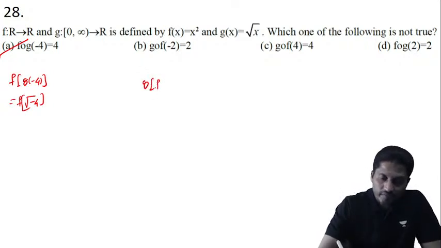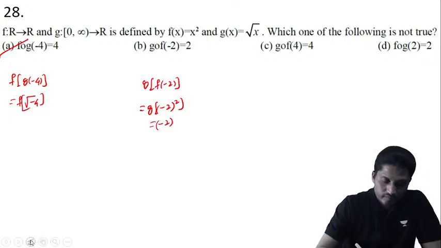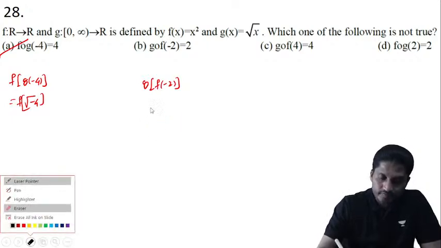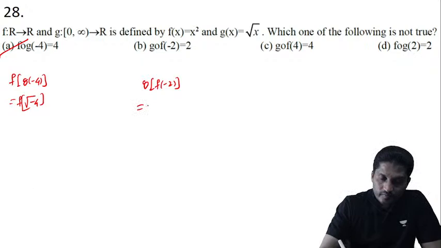So g of f of minus 2, right? F of minus 2 will be equal to minus 2 the whole square, so this will be equal to g of 4.